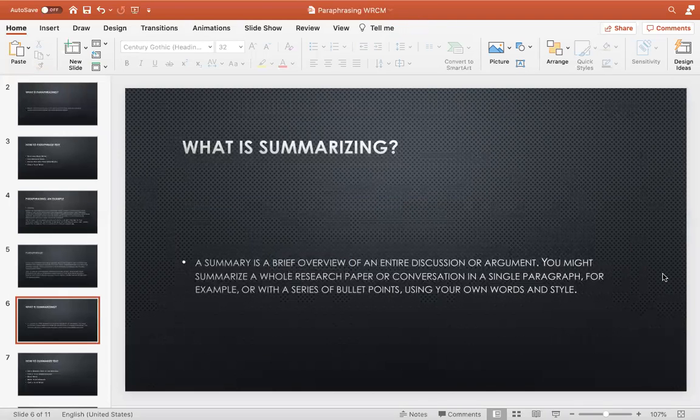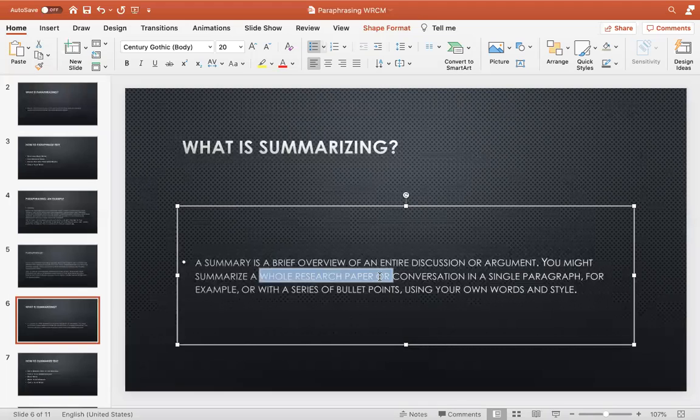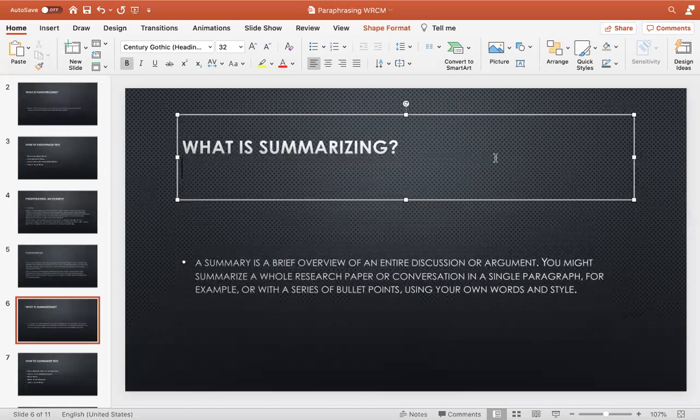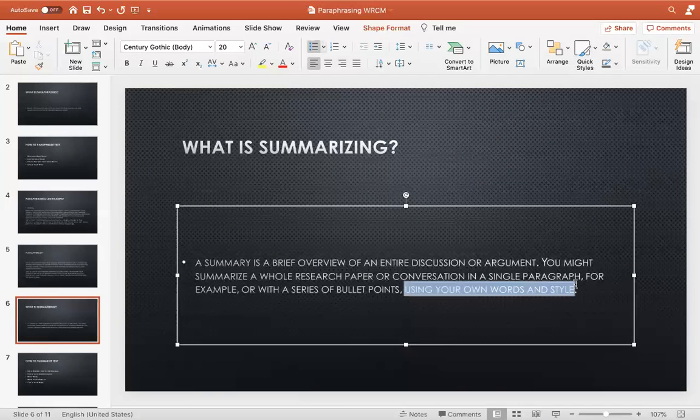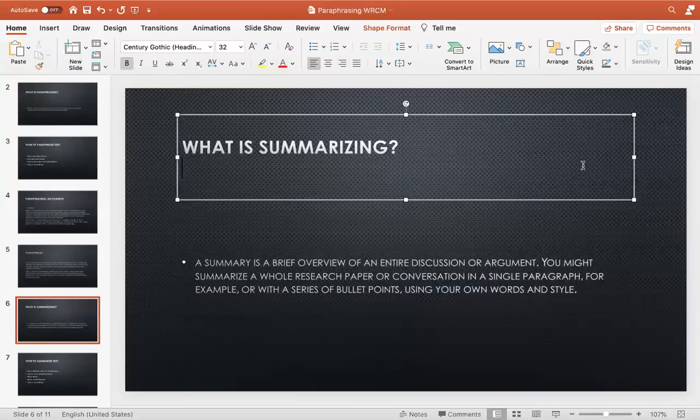Paraphrase could be as lengthy as the original text is, but summary is a briefer document. Okay, so you can summarize a whole research paper into just one paragraph. Okay, depending upon what you are asked to do by your instructor or by anybody to whom you have to submit a summary. Again, in the summary, you use your own words and style, right?